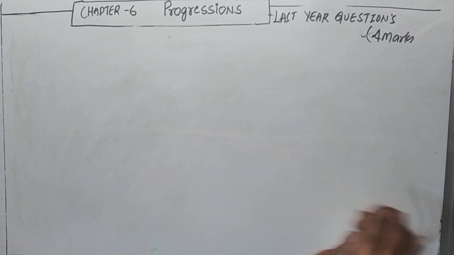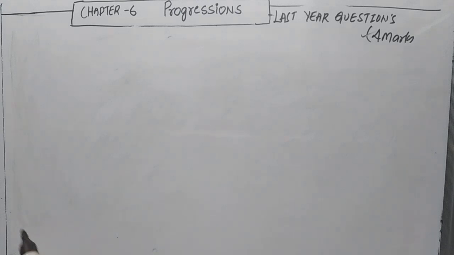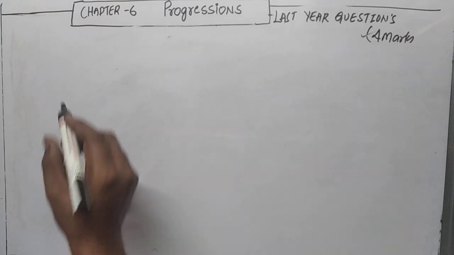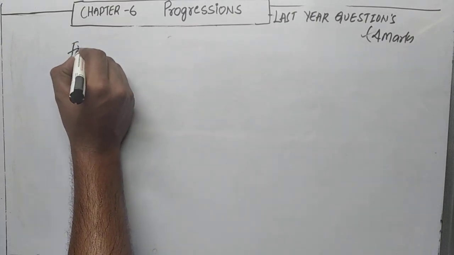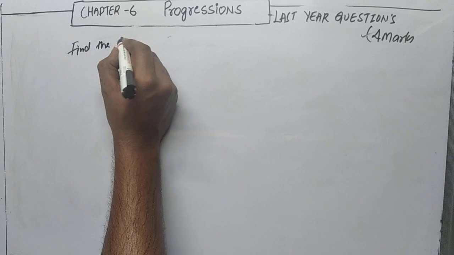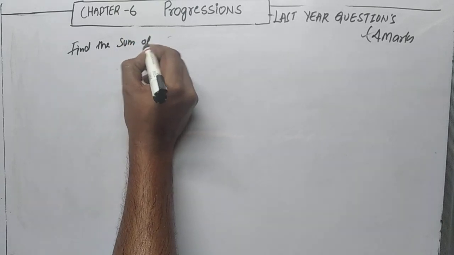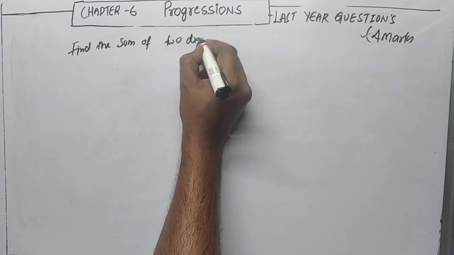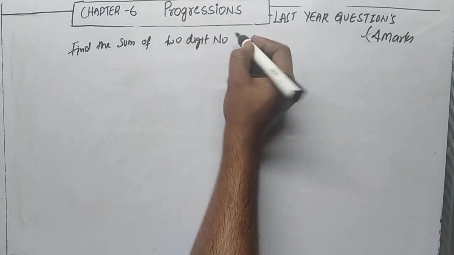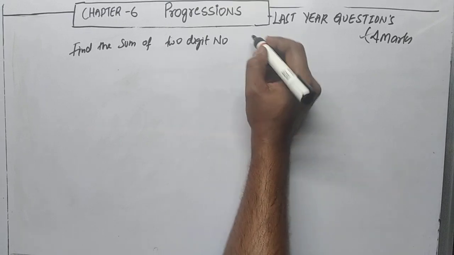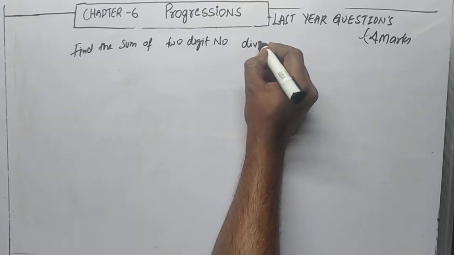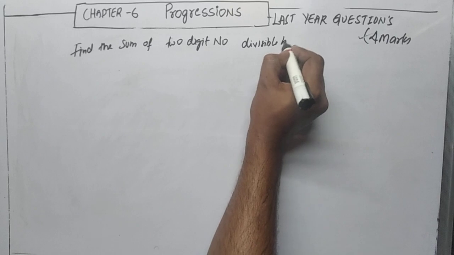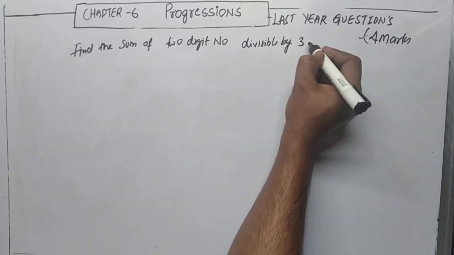Okay, so we'll start with the question: find the sum of 2-digit numbers divisible by 3.